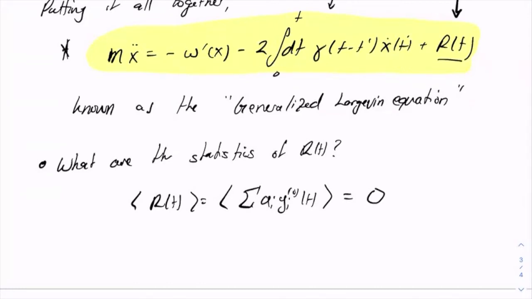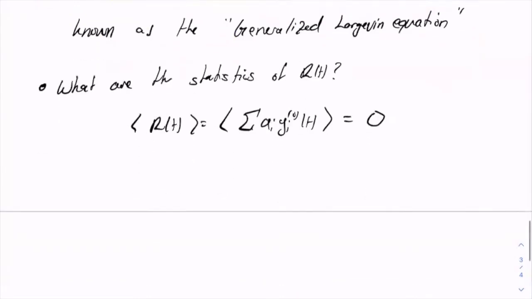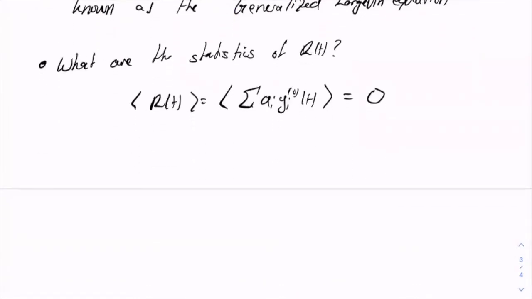Indeed, that should make a lot of sense. If that force had a finite mean, that would cause the particle or solute to move in one direction over another. That doesn't sound very much like an equilibrium system. That's essentially a consequence of translational invariance, saying that I could have centered those harmonic degrees of freedom anywhere I want.